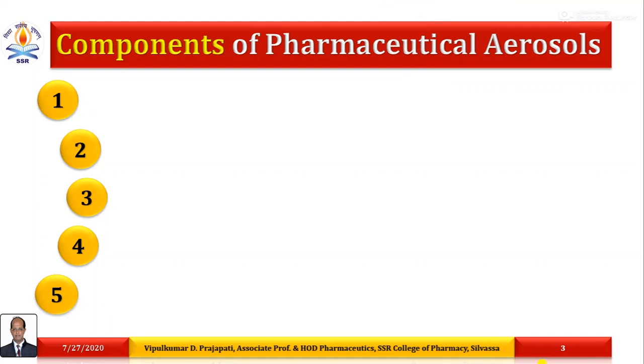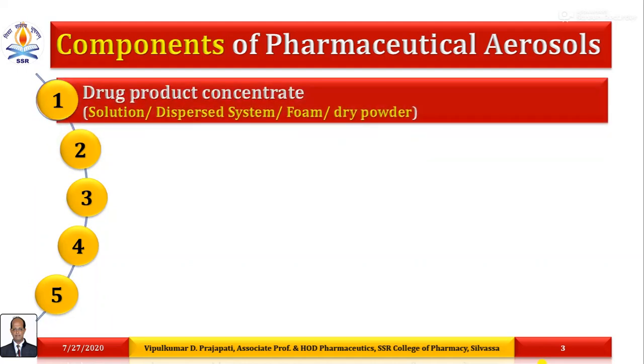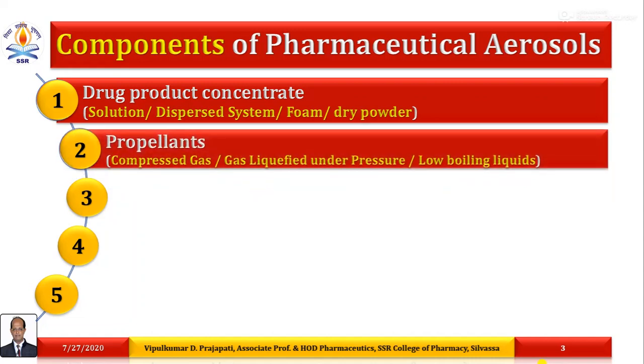What are the different components of pharmaceutical aerosols? There are 5 different components. 1. Drug product concentrate. It is in the form of either solution, dispersed system means suspension or emulsion, foam type or dry powder type. Number 2. Propellants.